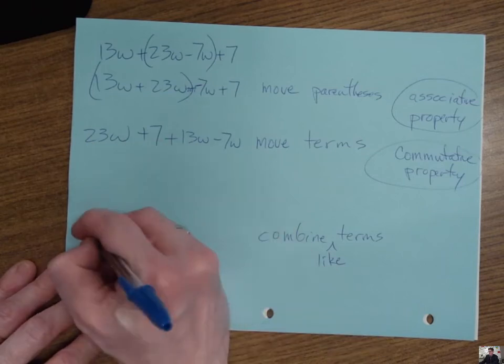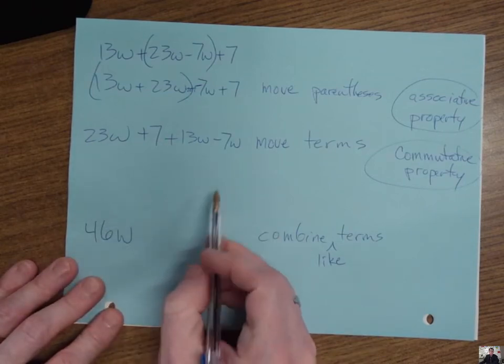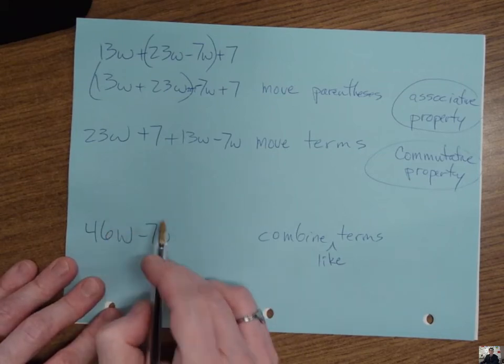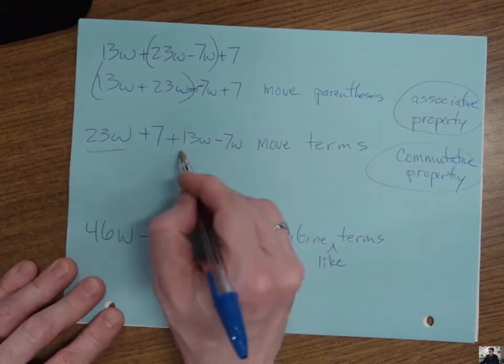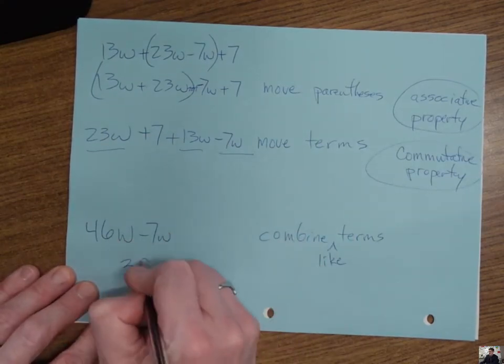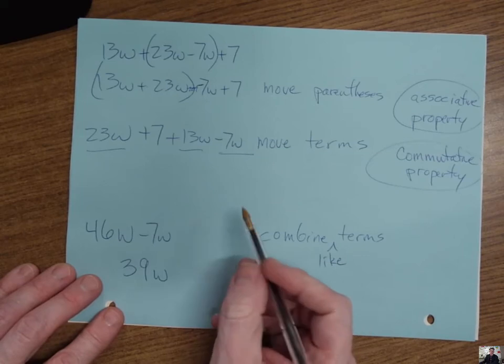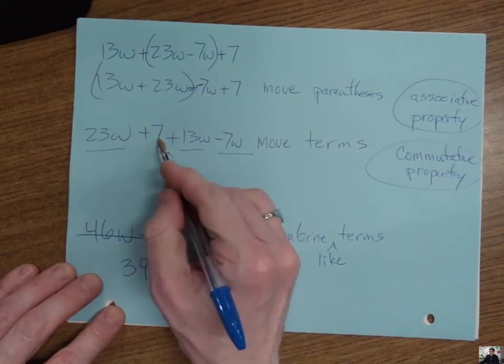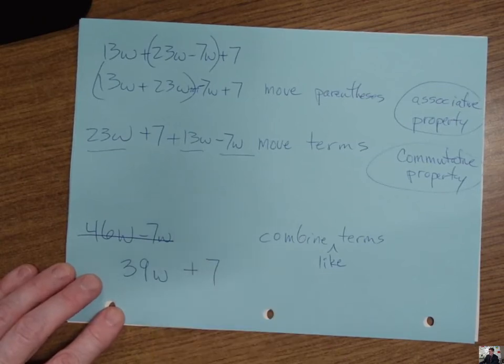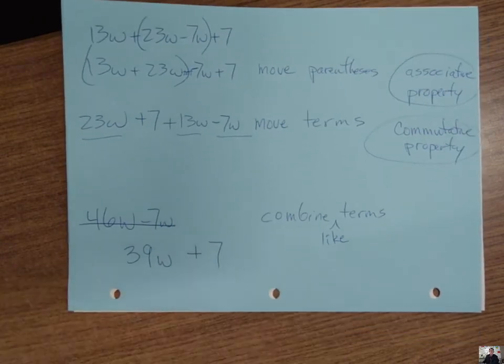That means I've got 46 of them. Oh, but I've got this minus 7W. I can even put those together. So 46 minus 7, that's 39 W's. And then this 7, I can put the plus 7 afterwards. And that's called combining like terms.